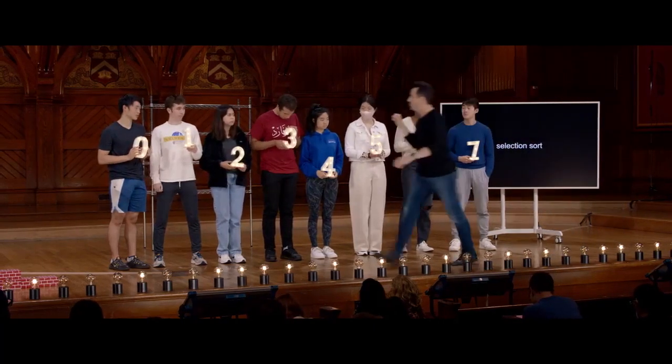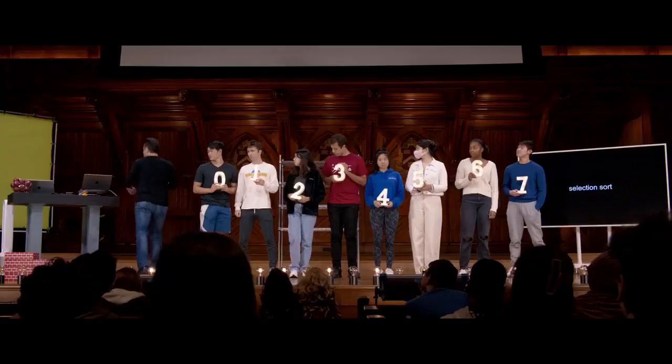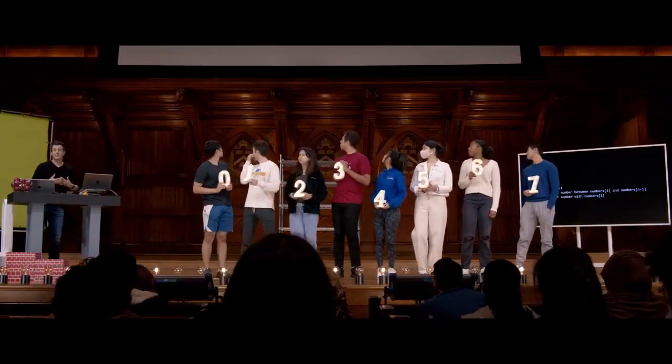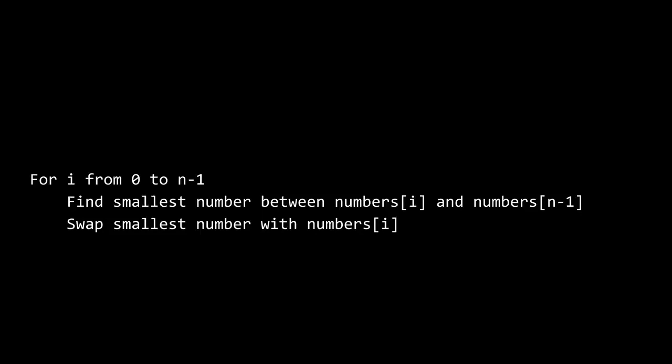So let me just, before we do one other demonstration here, propose that what I really just did in pseudocode was something like this. For i from 0 to n minus 1, keeping in mind that 0 is always the left of the array, n minus 1 is always the right end of the array. For i from 0 to n minus 1, find the smallest number between numbers bracket i and numbers bracket n minus 1.